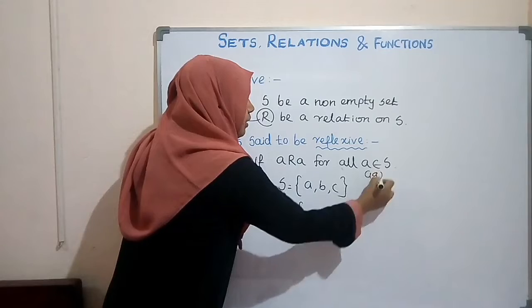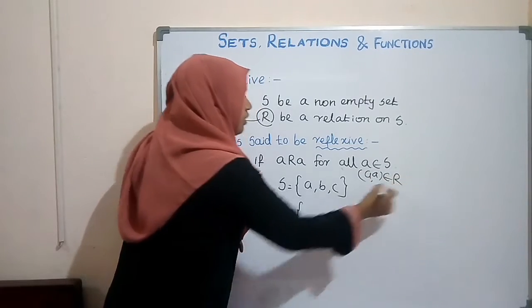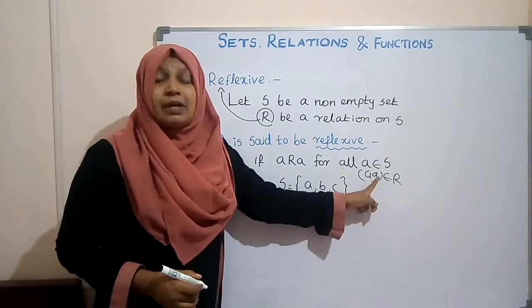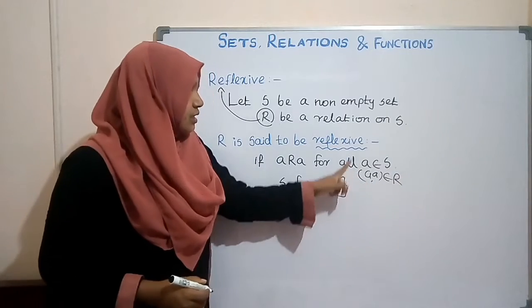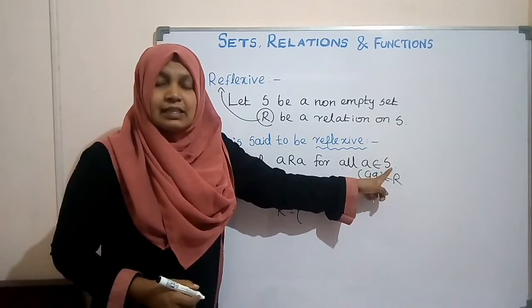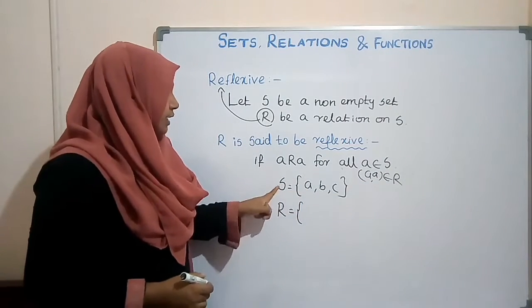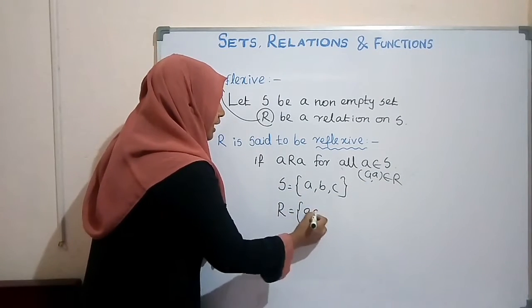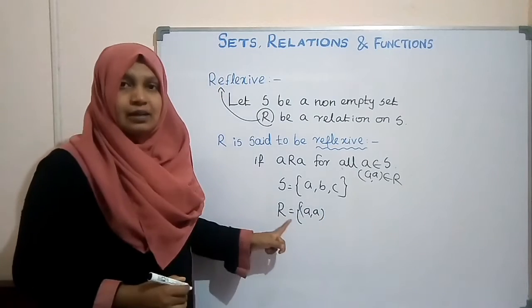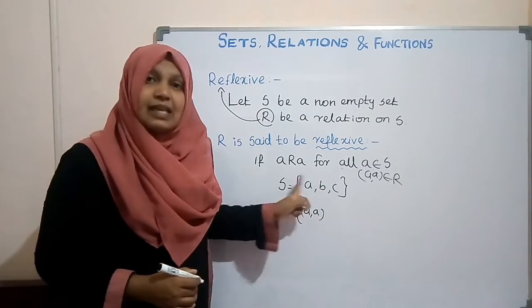A comma A belongs to R. That is, suppose an element A is there in S, then A comma A should be there in R. See, A is there in S. So we should have A comma A in R. Okay. Now B is there in S.